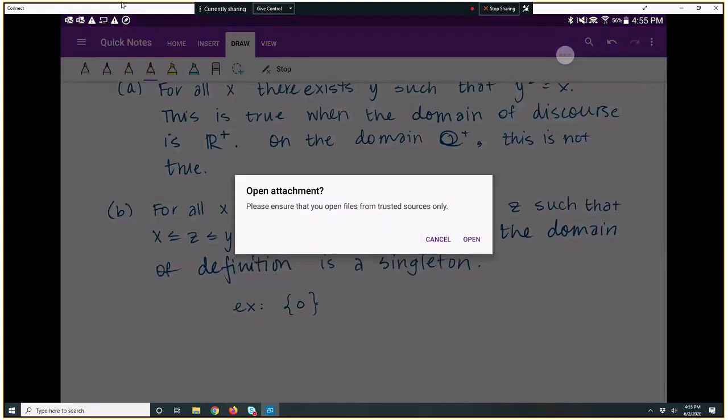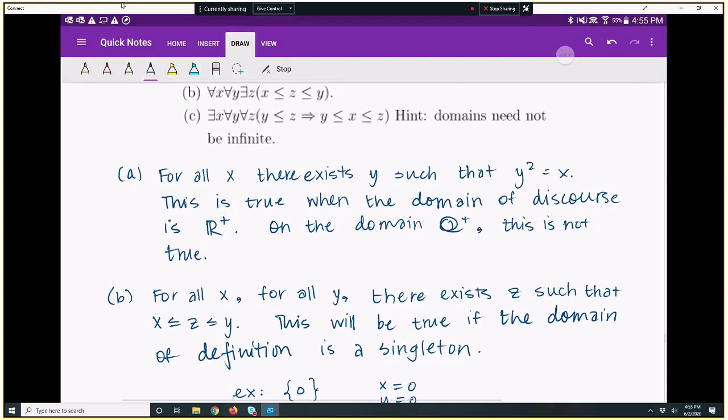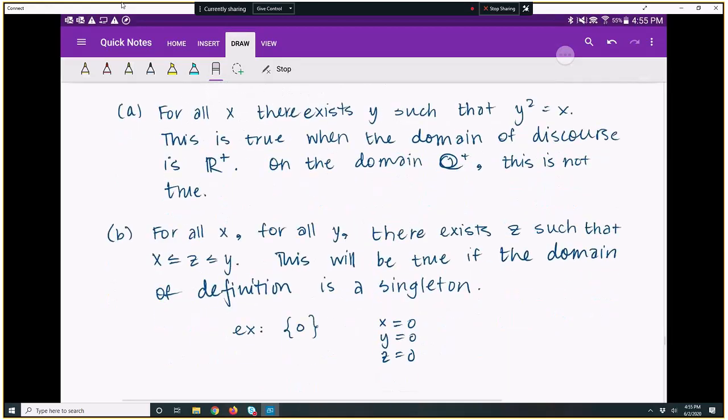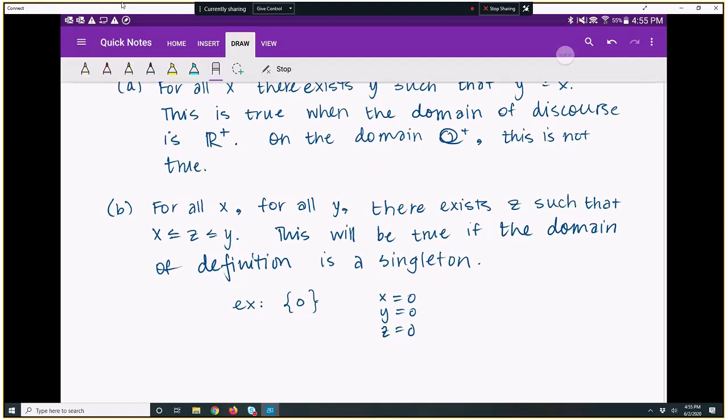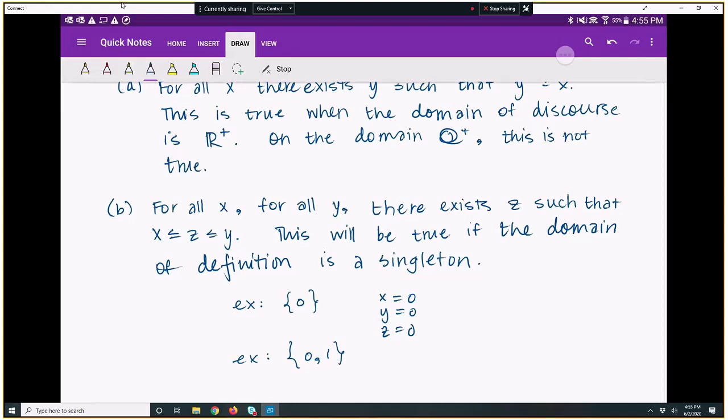Then if I take x equals 0, y equals 0, and z equals 0, my statement is true because I have these equalities. I can be less than or equal to. So my statement would be true because I would have x equals z equals y. Otherwise, if I had more than one element, say I had 0 and 1, then if I let x equals 1, y equals 0, z equals either one of them, then 1 less than or equal to 0 less than or equal to 0 is not true.